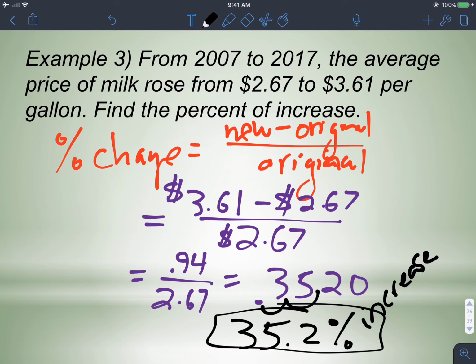The same would work for a decrease. Like let's say the price of milk went from $2.67 down to $1.50. Well, it would just be $1.50 minus 2.67, and you would get a negative answer, and that would mean a percent decrease. How would you write that as a percent with a negative percent?